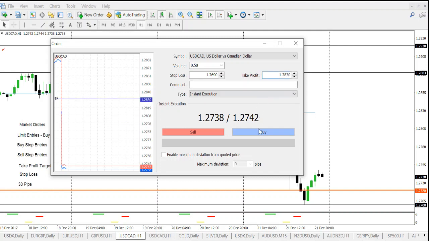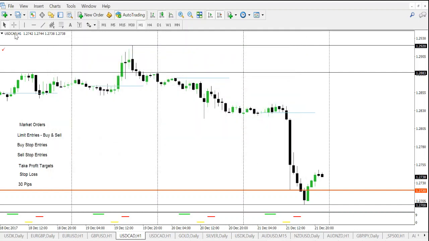Right there, and then I would just hit buy, and then we would have our take profit and our stop loss and everything all put in there at the market order, and that's how you do a market order. So very, very simple. I'll just mark that off here, market order.